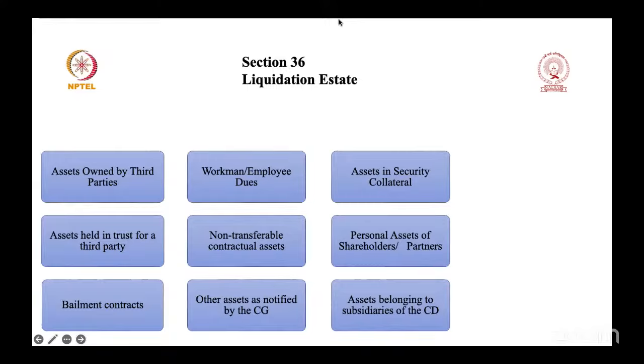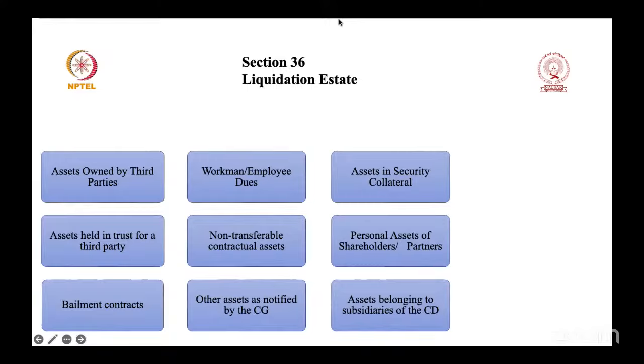However, on the other hand, the creditor may also decide to realize its security interest in the manner specified in the section. So he can take the asset and walk out of the entire liquidation process, in which case such asset will not be part of the liquidation estate, and this asset will now be with the secured creditor who has the rightful right on that particular asset.